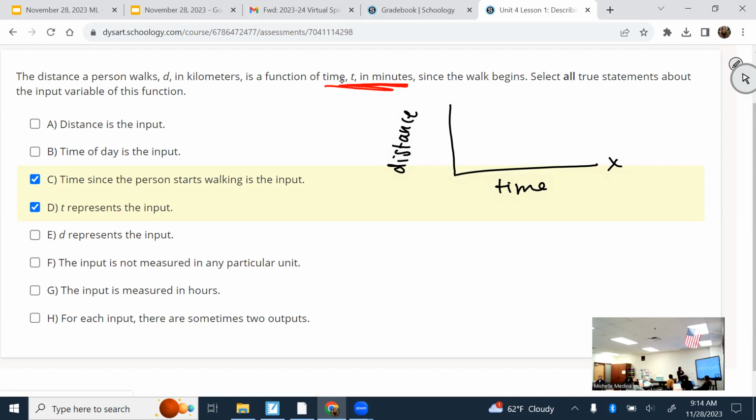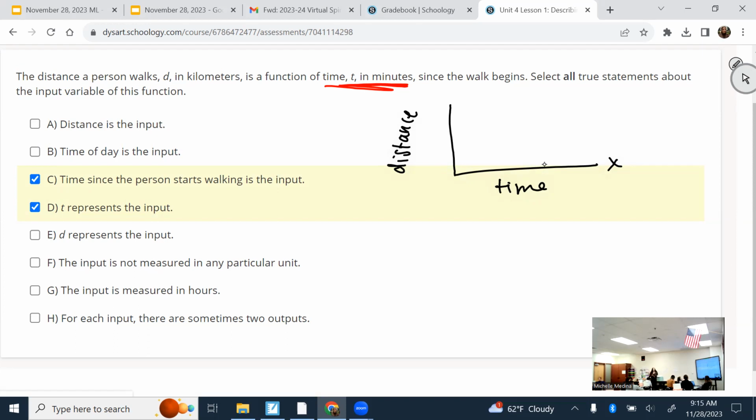Okay, so we don't have any clue what the graph looks like. But can they be in two places at once? Can they have two different distances at one time? So then don't pick that one, because the distance a person walks is a function of time. So we're not saying that for each interval, they could be at two different distances.